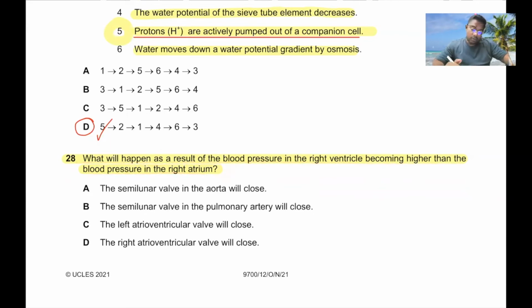All right, when the right ventricle pressure is higher, then the atrioventricular valve will close. The semilunar valve in the aorta will close. No. The semilunar valve in the pulmonary artery will close. Probably not, because it should open at this particular point. The left atrioventricular valve will close. No. The right atrioventricular valve will close. Yes, D is the correct answer. 28, D is the correct answer.